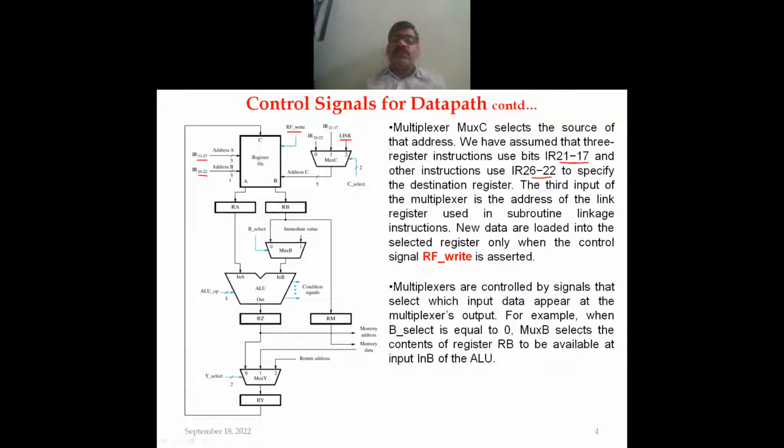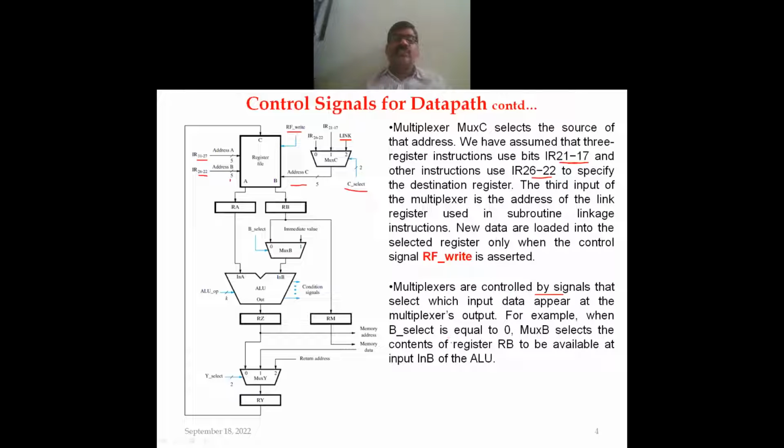The multiplexers are controlled by signals that select which input data appear at the multiplexer's output. For address C, there is a control signal C underscore select. Among inputs 0, 1, 2, it determines which one acts as the output of mux C as address C. For example, B underscore select is another control signal.